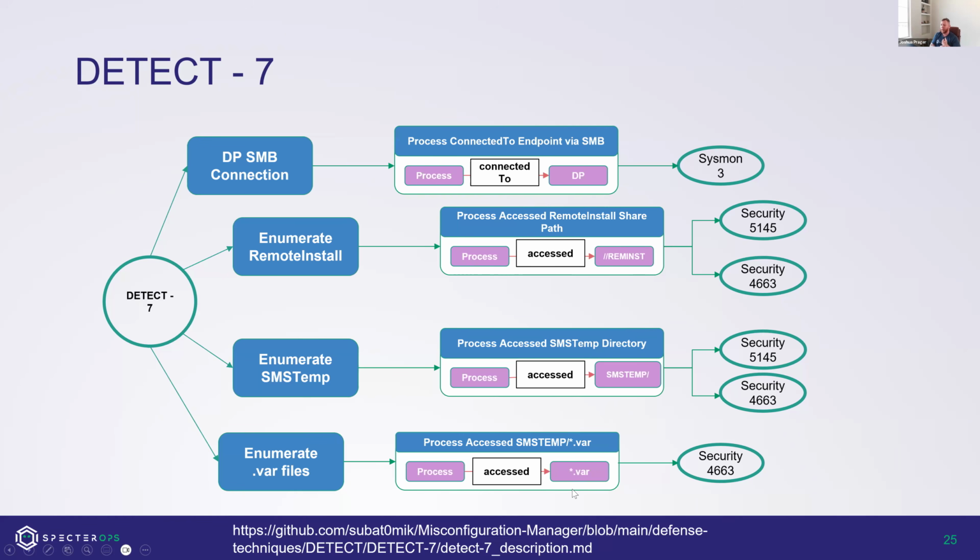If you're using a tool like SCCM Hunter or PXE Thief, which enumerates through all the different .var files to find the PXE creds, you'll get individual 5145s for each one of those files. So it's a pretty powerful detection method as well.